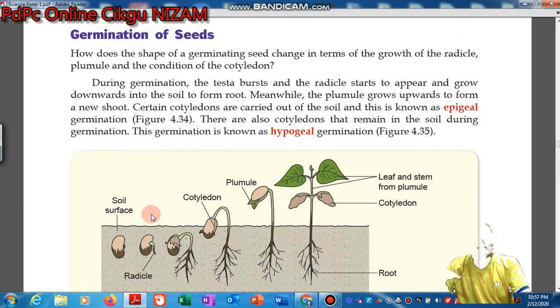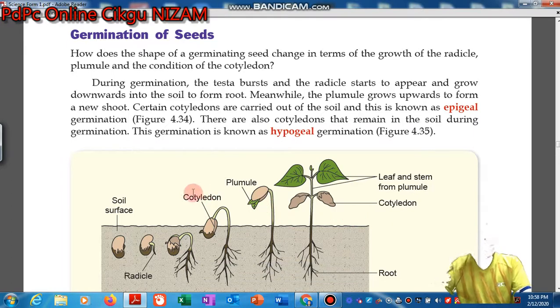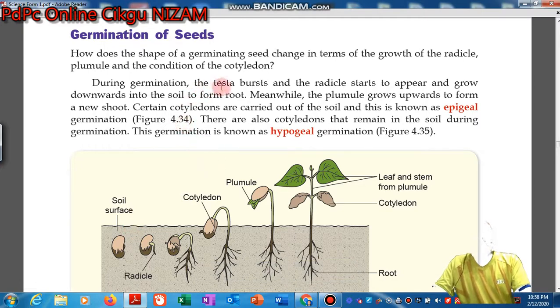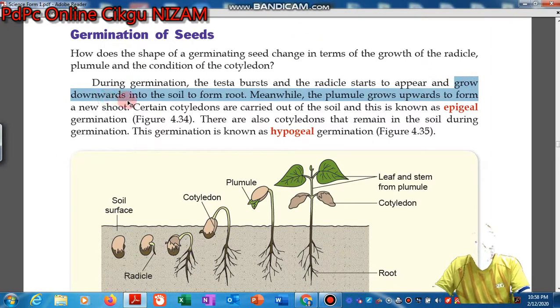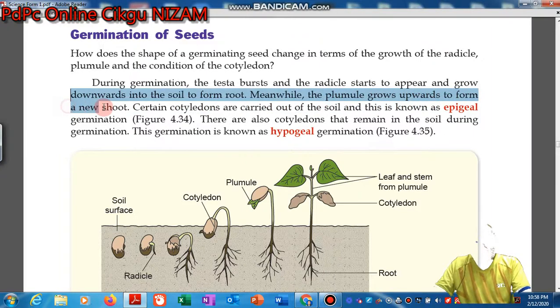So we will look into what exactly happens during this process of germination of seeds. During the process of germination, the testa will burst, and then the radicle starts to appear and grows downwards into the soil to form roots, while the plumule will grow upwards to form a new shoot.